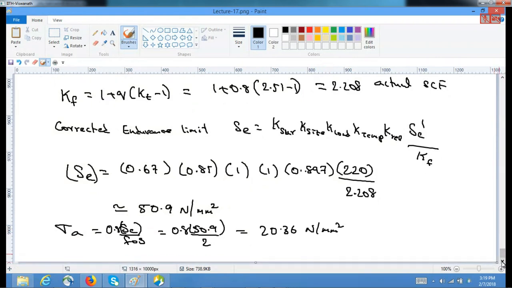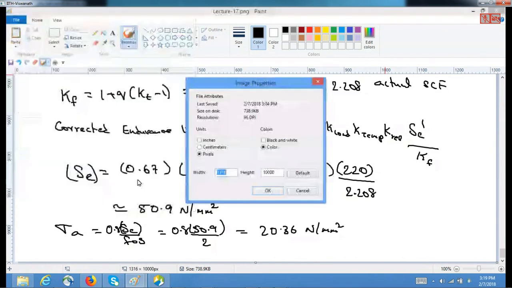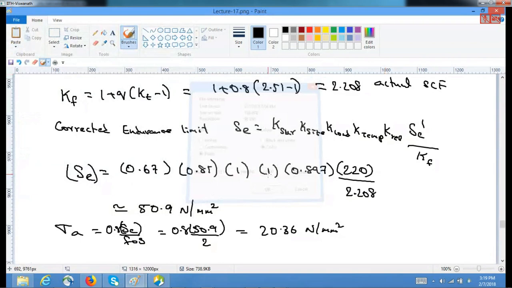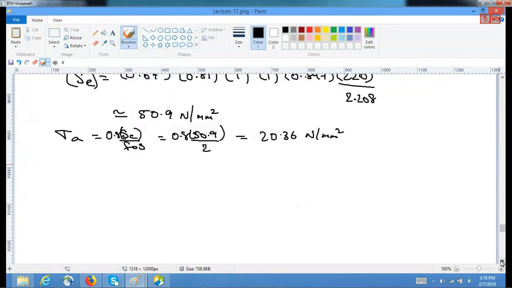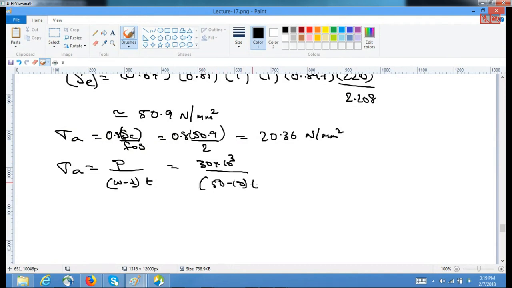And further, now if you calculate the actual stress, we know sigma A is equals to P divided by (W minus D) into T, which is 30 kilonewtons, or 30 into 10 power 3, divided by (50 minus 10) into T, and we know sigma A is obtained that.